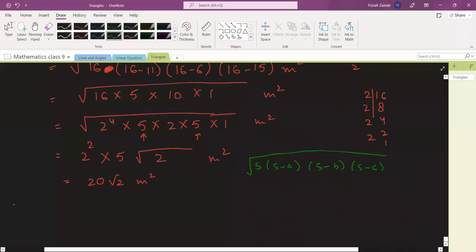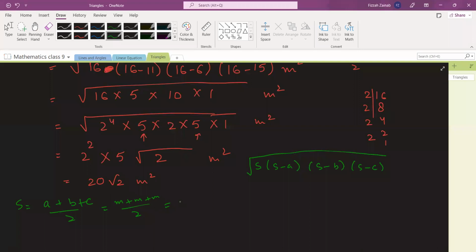When you're finding S, now try to understand one thing. This is A plus B plus C divided by 2. Now everything is in meter. These are lengths. So meter plus meter plus meter and divided by some number. So ultimately the answer will be in meter. So this semi-perimeter is actually a length whose unit is meter.